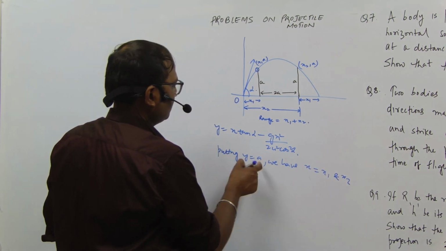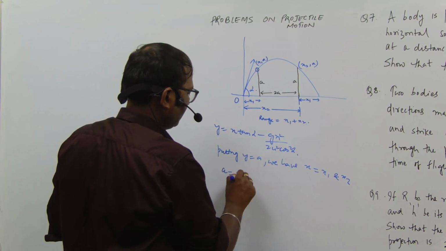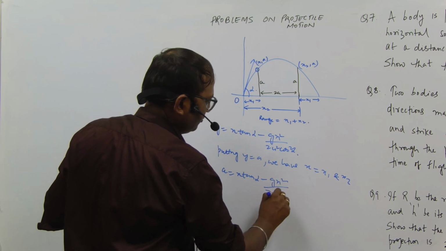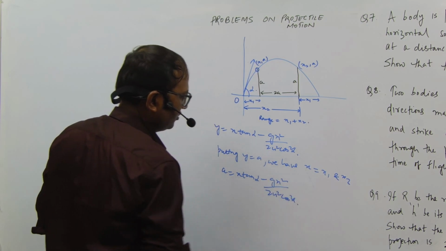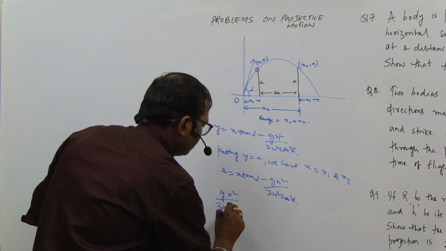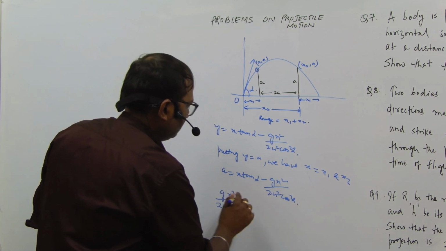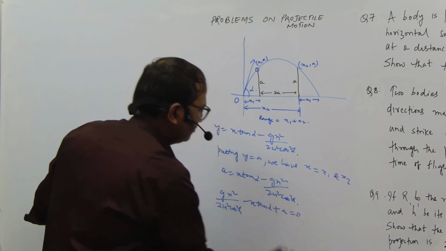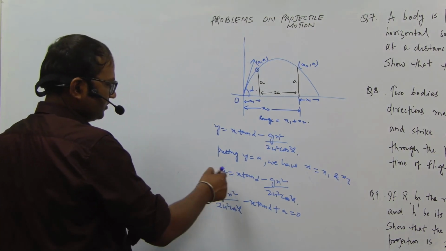So a is equal to x tan alpha minus gx square upon 2u square cos square alpha. So we have gx square upon 2u square cos square alpha minus x tan alpha plus a is equal to 0. Let us further simplify this.